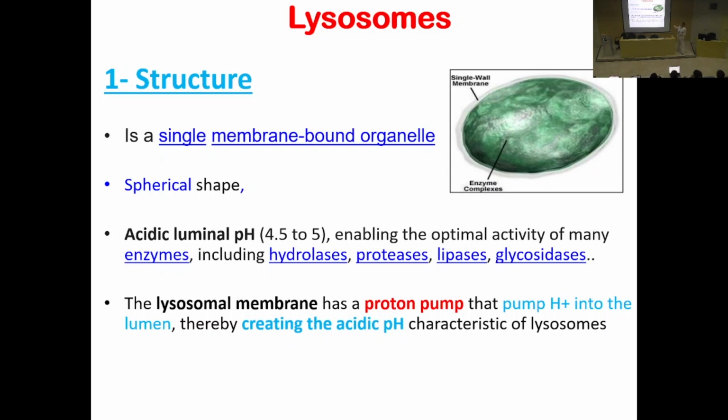So how come the inside of this lysosome is acidic? Where does this acidity come from? What you can see here, but cannot see directly, is that in the membrane we have a pump.